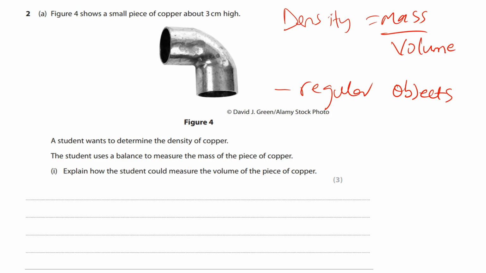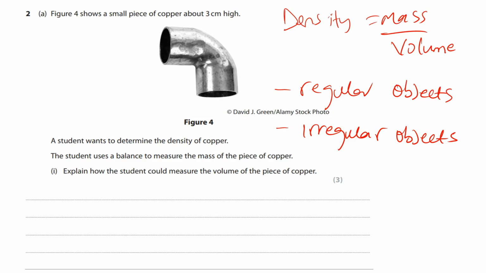But then we also have what are called irregular objects. These are objects that do not have a fixed shape, so you can't calculate the volume of such objects directly.